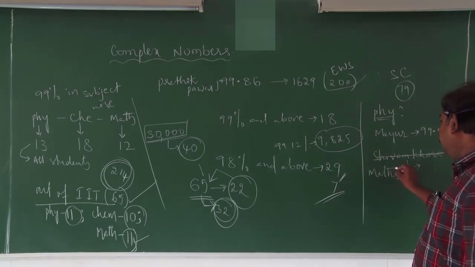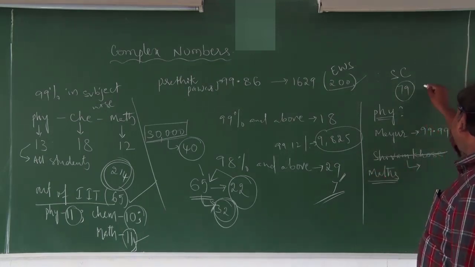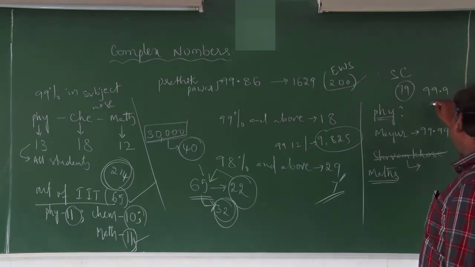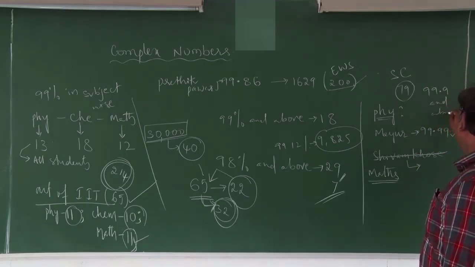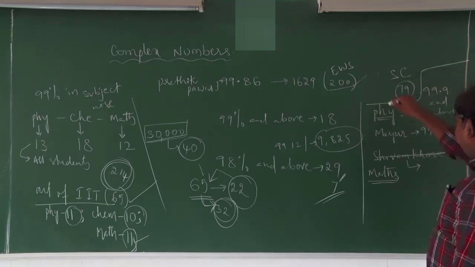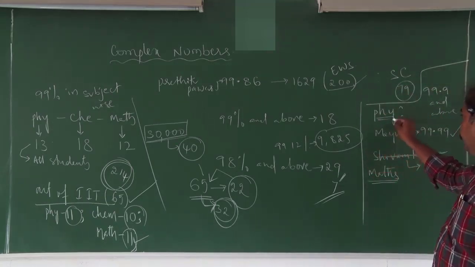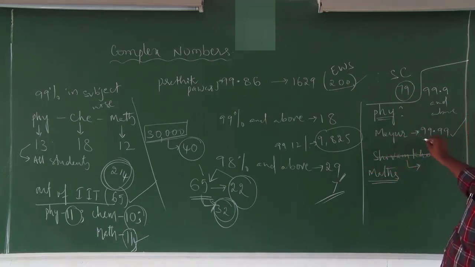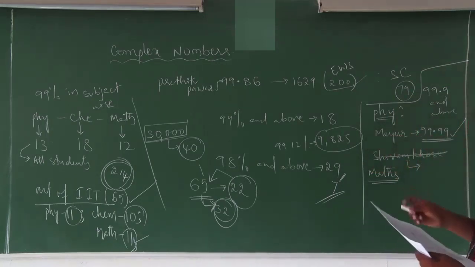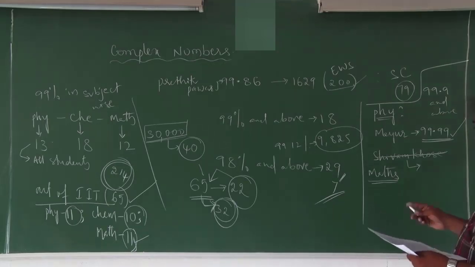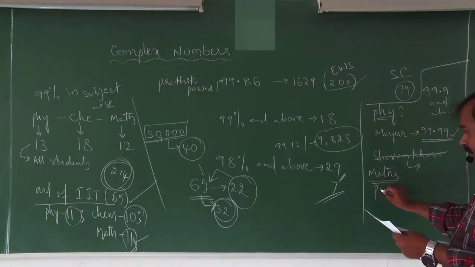In the maths, this is the category, 99.9 percentile and above. Subject wise I am giving analysis. In physics one student is there who got 99.99 percentile. In mathematics, one student, Pratik Pawar, is there. Who is the topper?